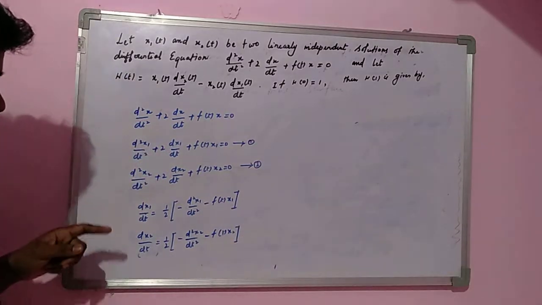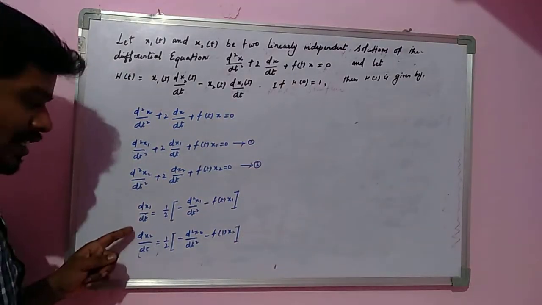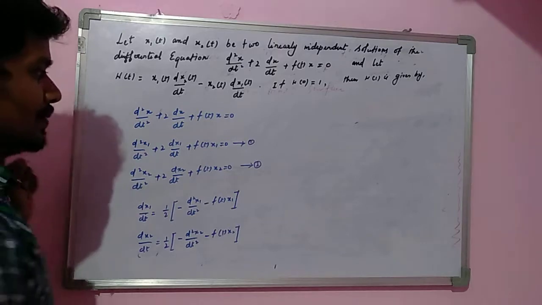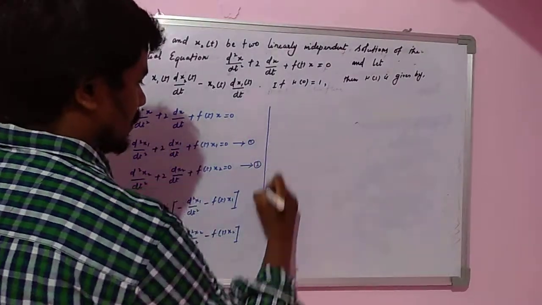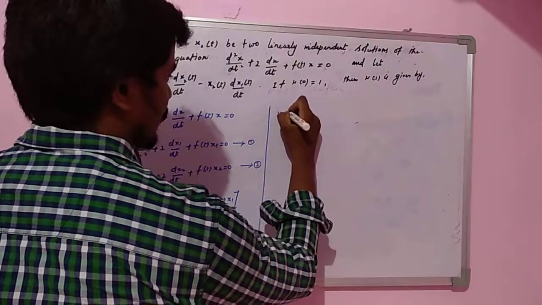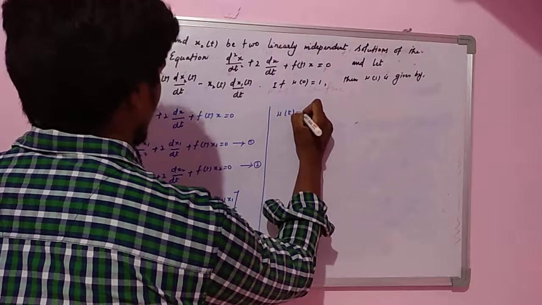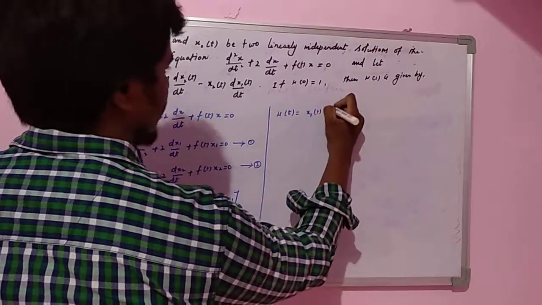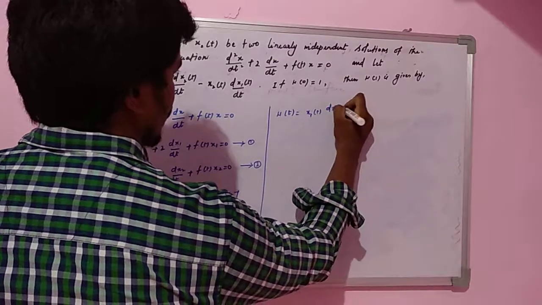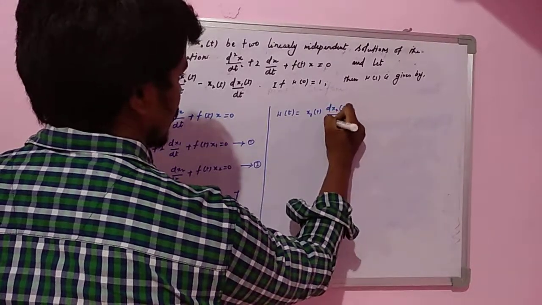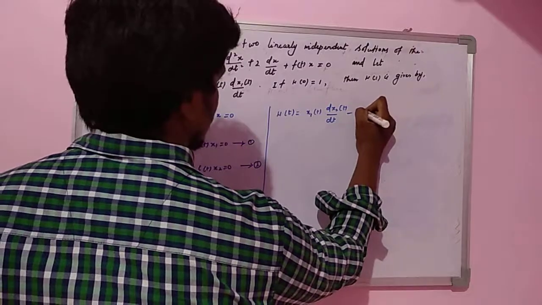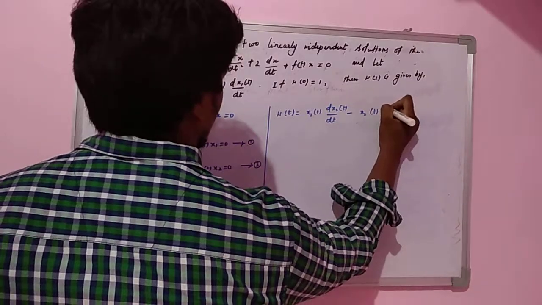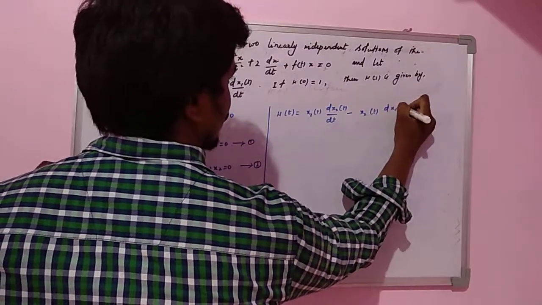Now substitute dx1/dt and dx2/dt in W(t). The given W(t) equals x1(t) dx2/dt minus x2(t) dx1/dt, where all the variables are functions of t.